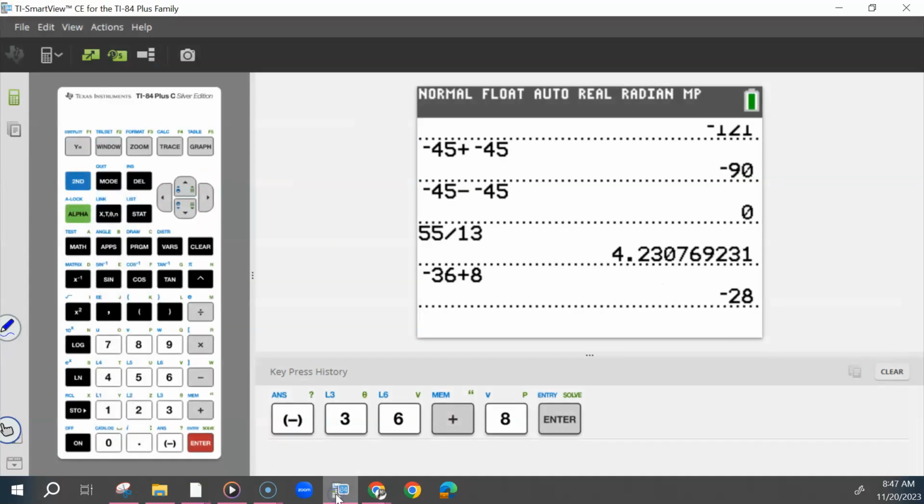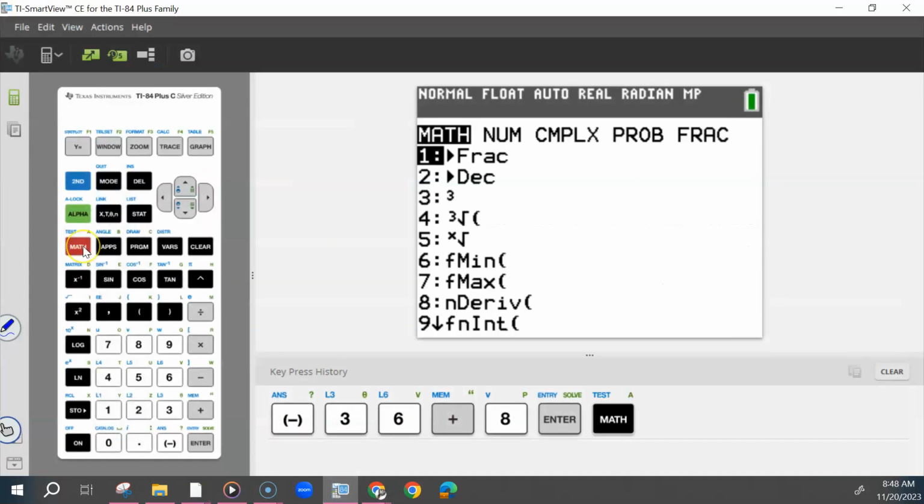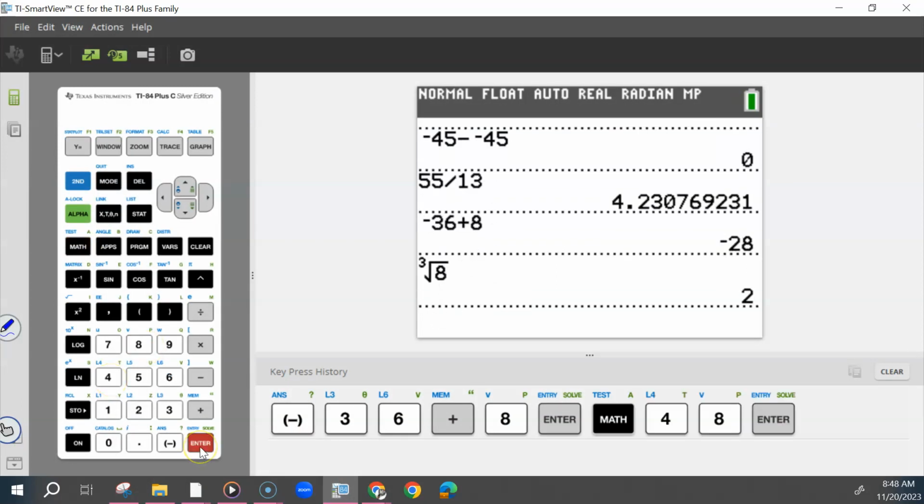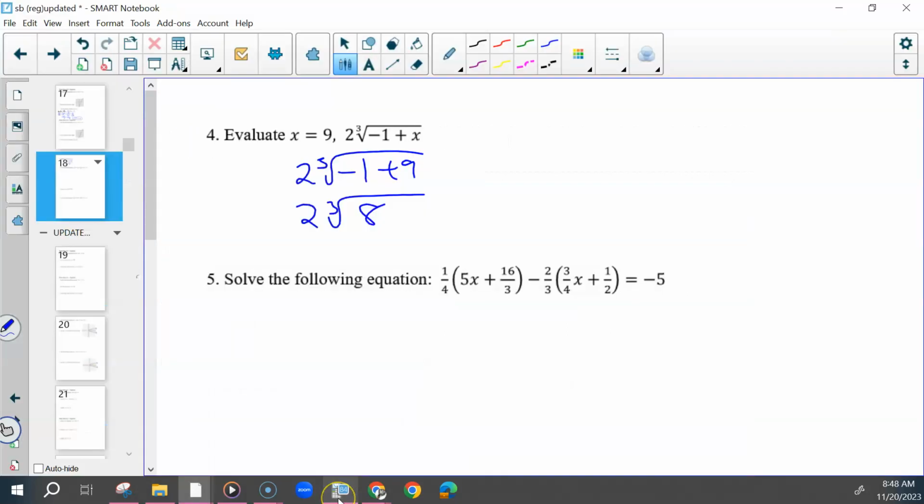So in your calculator, you could have gone into math and then number 4. Or you could have thought of what times what will give you 8, which was 2. And multiply to get 4. Questions on that one?